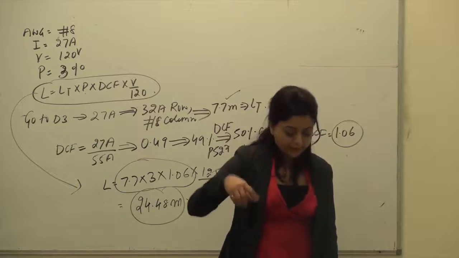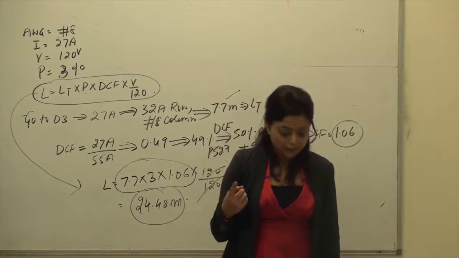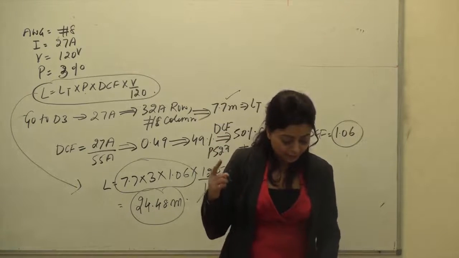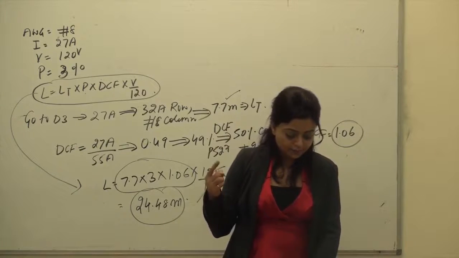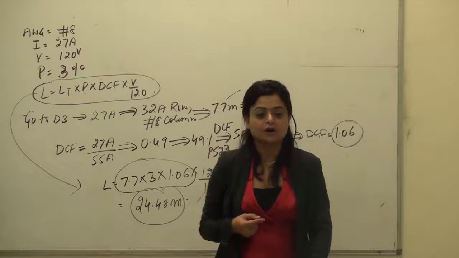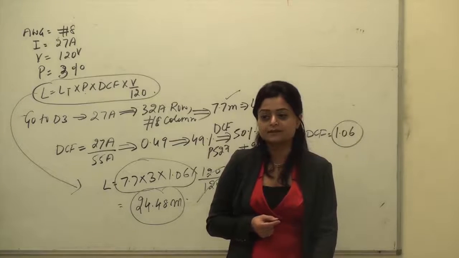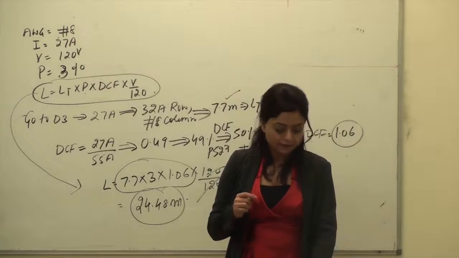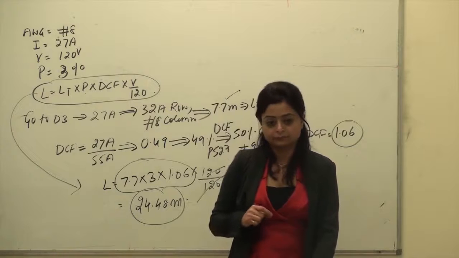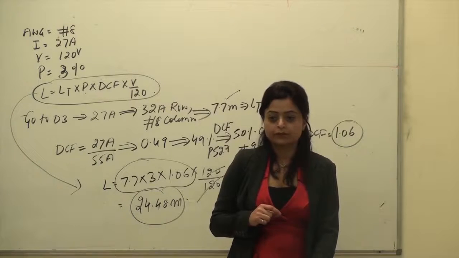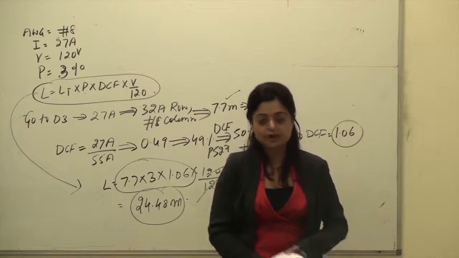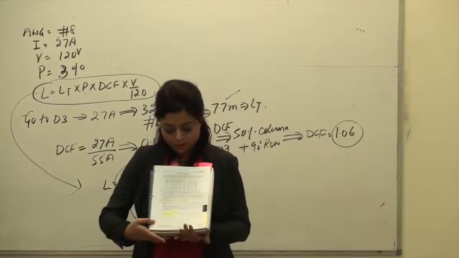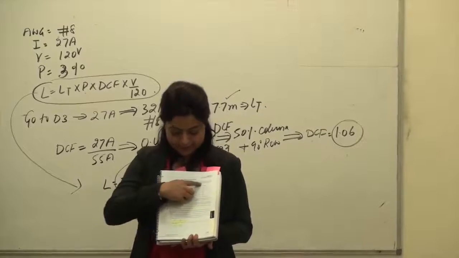Right above the distance correction factor table, the last line: where calculation and ampacities fall between two columns, the factor in the higher percentage column is used. Do you guys see this? Last line, note 3. So go ahead and highlight that. Page 527, note 3, right here, the last line.